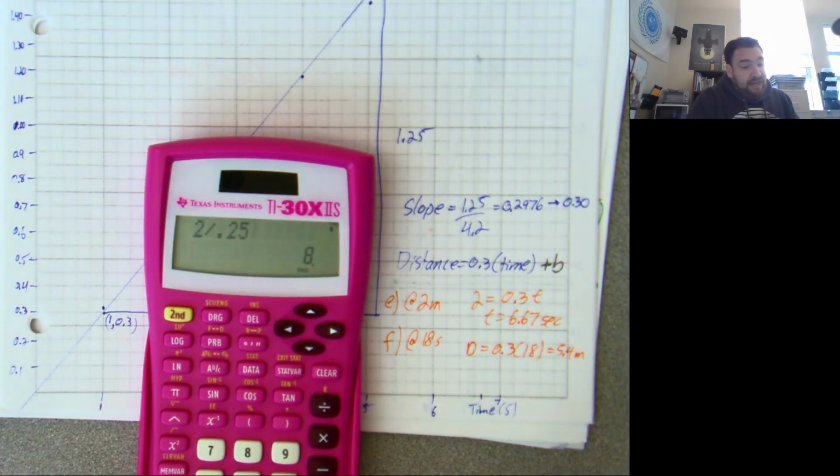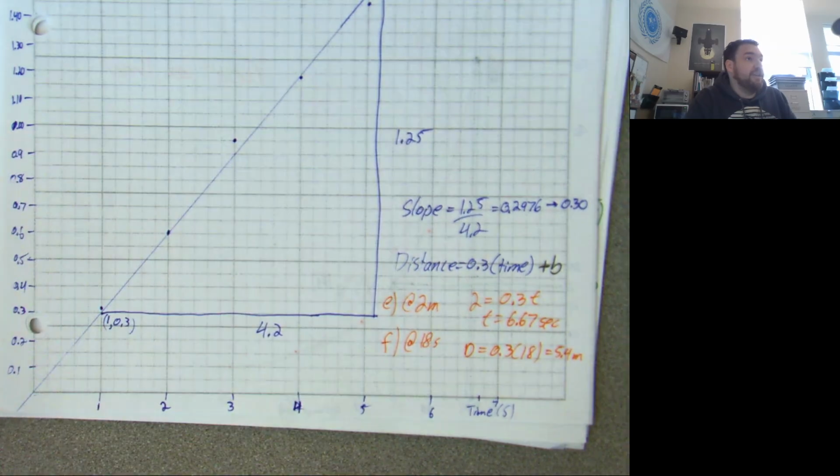Oh yeah, you did get 8. Okay, I could see that being interesting. I got 0.3, you got 0.25. Interesting. So that tells me there's some variation in your line of best fit.